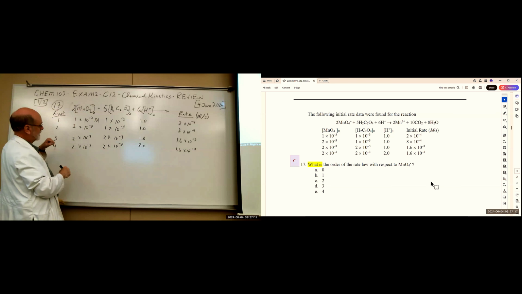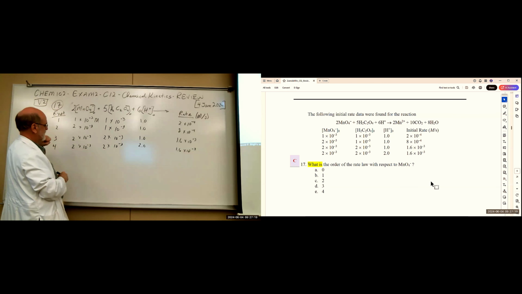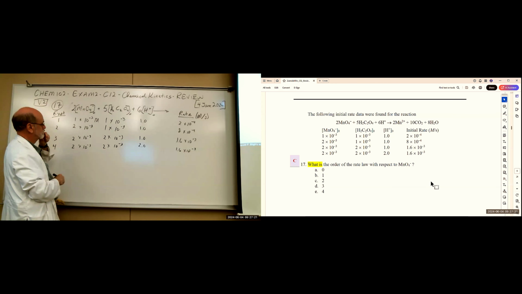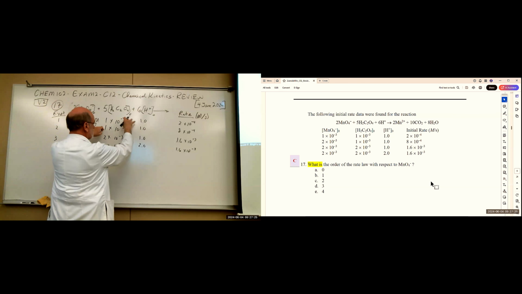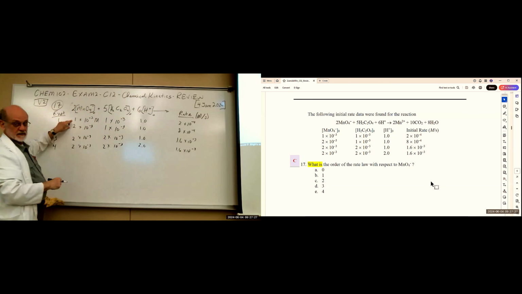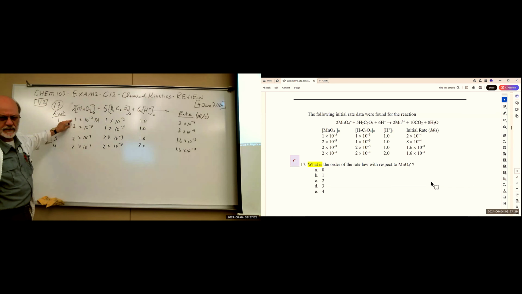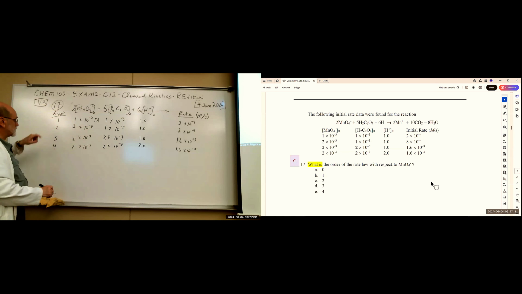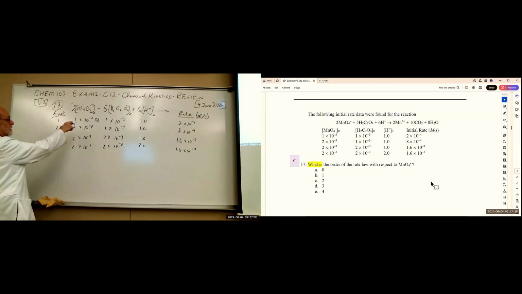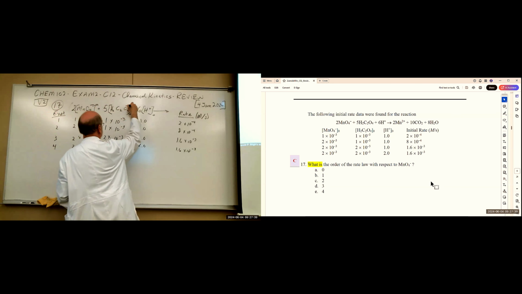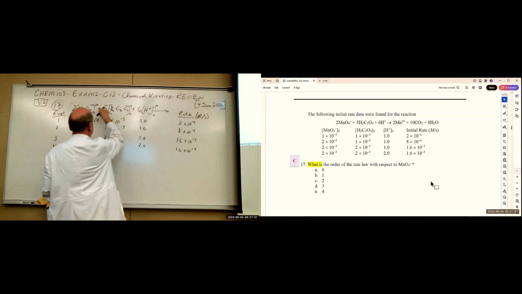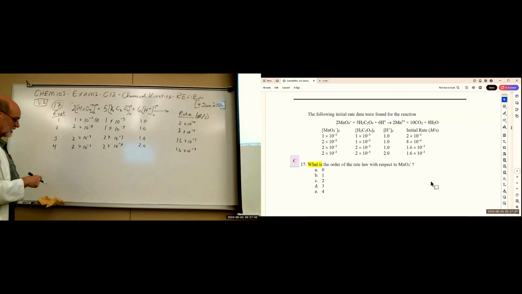So if we hold these 2 constant, this one varies. And that's probably the one we're after, MnO4⁻, yeah. So we're going to use experiment 2 and experiment 1 to find out what that value is. Okay, the way you do it is you ratio.